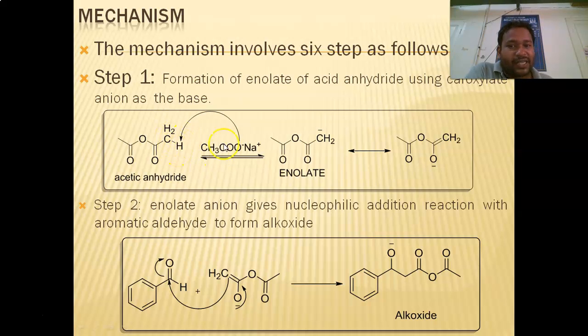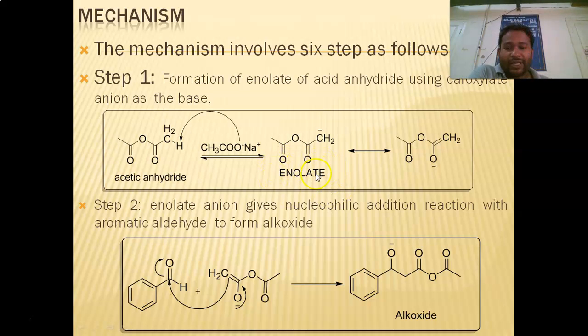This H plus ion is grabbed by the acetate ion, CH3COO minus Na plus, forming the corresponding enolate. This can be represented in another form, the alkoxide form. This formation of the enolate is the driving force of the reaction.